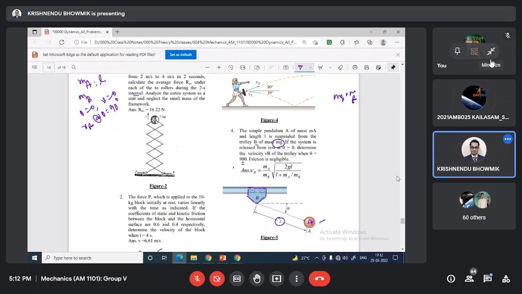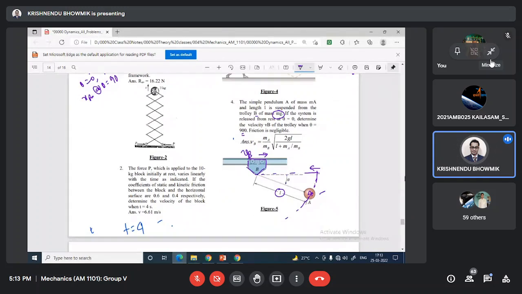But as soon as A is trying to move in the downward direction, then A is getting some backward direction. Then to adjust for the conservation of momentum, this B will try to move in the right direction. So VB will be in this direction.